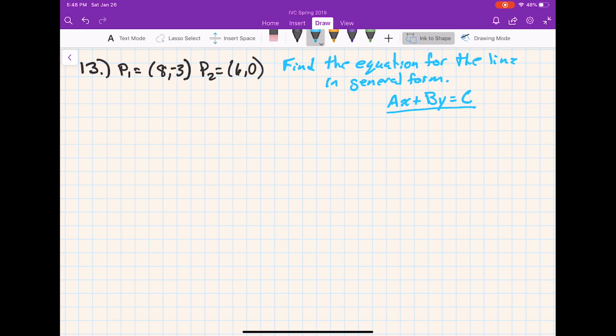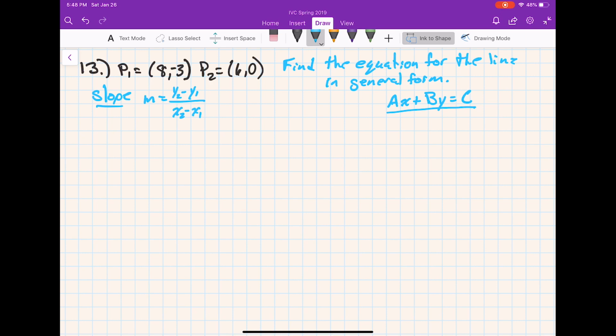So first thing we need to do is figure out the slope of the line. Slope, which is, again, as a reminder, m equals y sub 2 minus y sub 1 over x sub 2 minus x sub 1. Oh wait, this is not a plus up here. It's a minus. All right, there we go. So we have these 2 points.